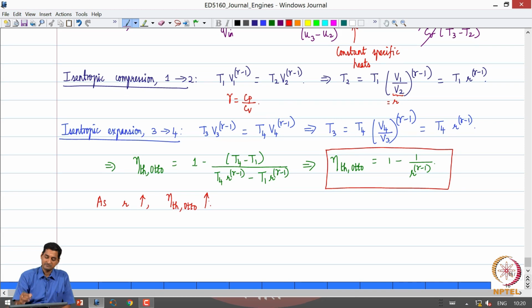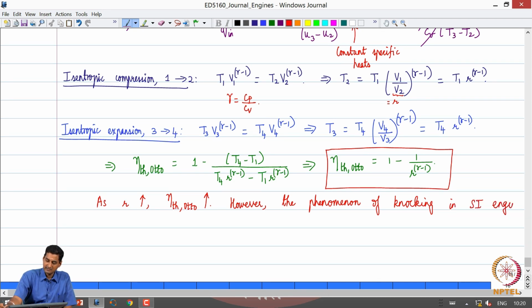However, we will later study the phenomenon of knocking in SI engines, and this limits the value of R. We cannot keep on increasing the value of the compression ratio.